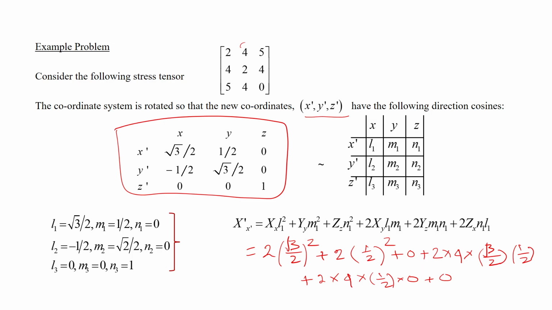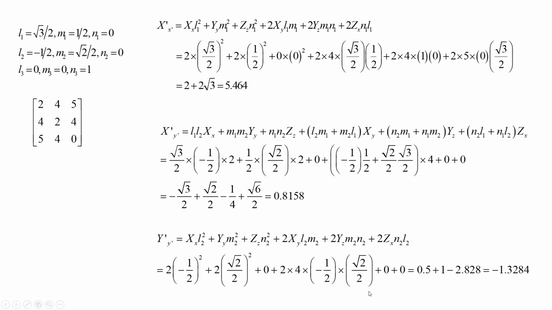So, we have 2 into 3 by 4, so it is 3 by 2, plus 2 into 1 by 4, which is half, plus 2 into 4 into root 3 by 4, so it is 2 root 3. So, we have 2 plus 2 root 3.